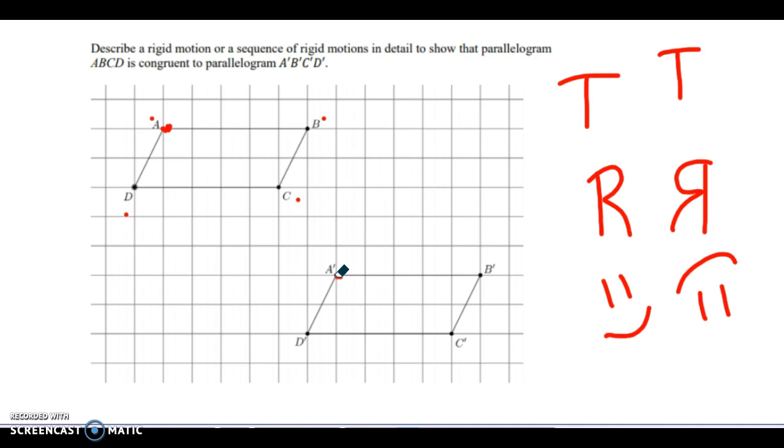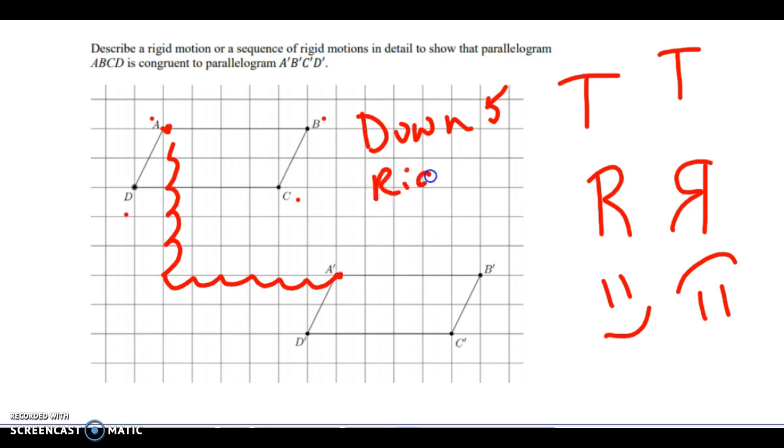To go from the original A, we went down 1, 2, 3, 4, 5 units, so we went down 5. And then we went 1, 2, 3, 4, 5, 6, so we went right 6.